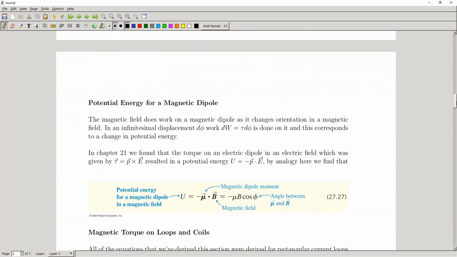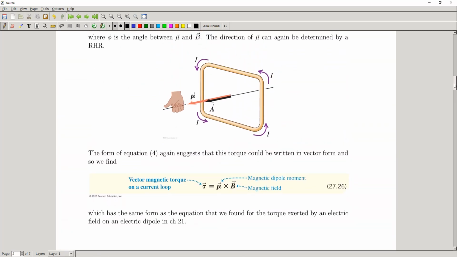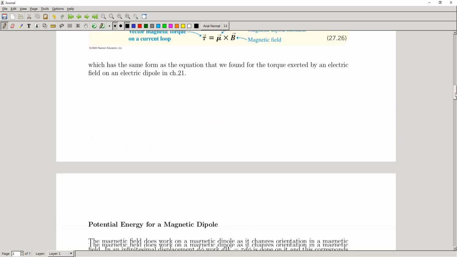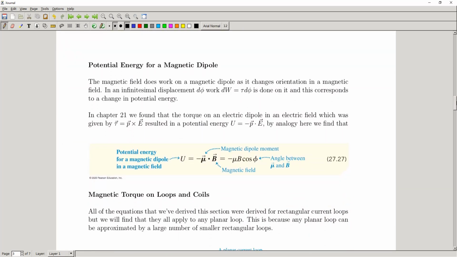Okay, so we now have this concept of torque on our current loop. And like we did in chapter 21, we can define a potential energy for our magnetic dipole in a magnetic field, where in chapter 21 we looked at an electric dipole in an electric field.